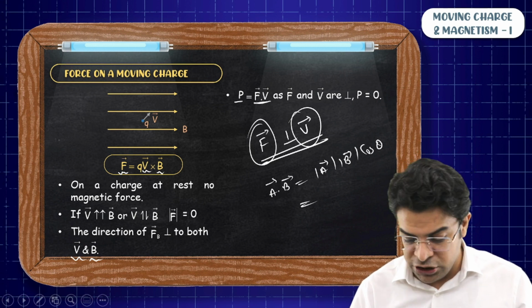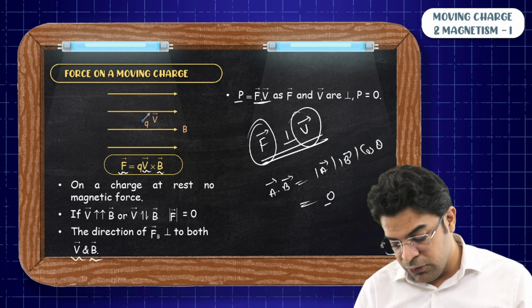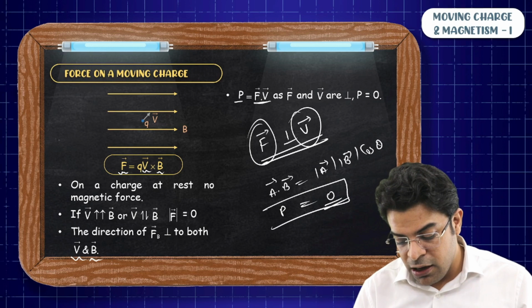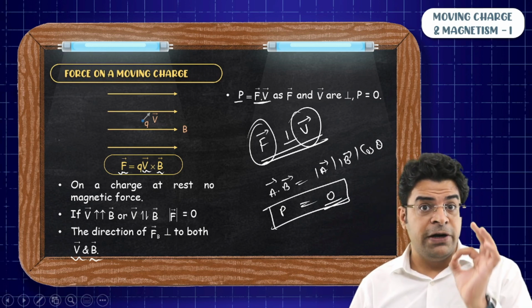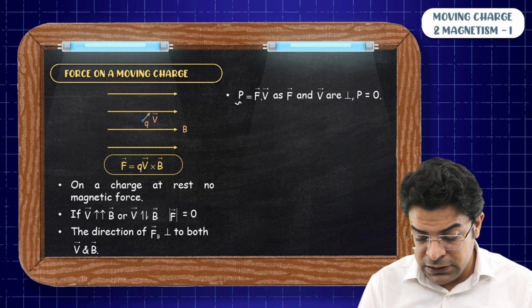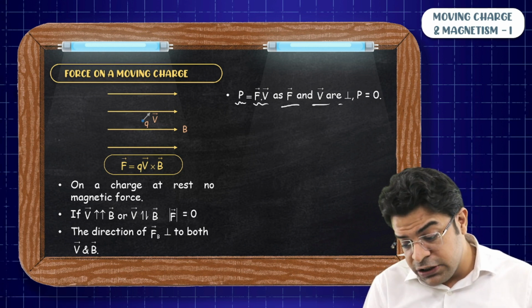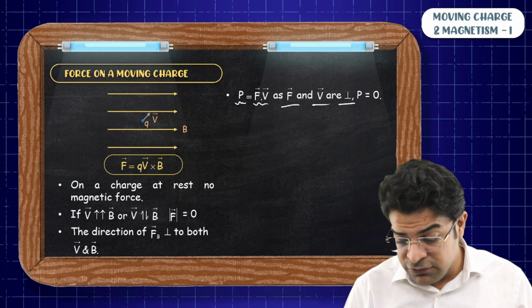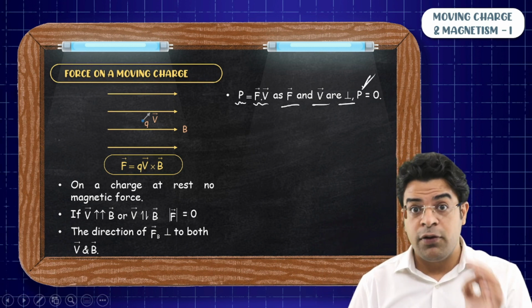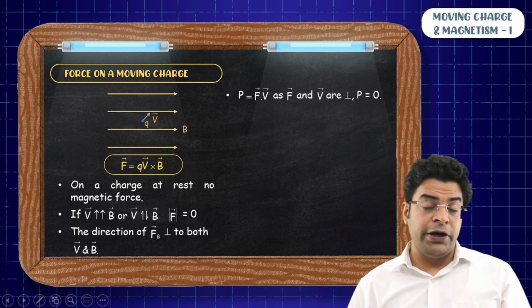Cos 90 becomes 0. So here you simply get 0. The power delivered by a magnetic force to the charged particle is 0. So as power delivered equals force dot velocity, and force and velocity are perpendicular, that's why the power delivered by a magnetic force has to be 0. This is the fourth point.